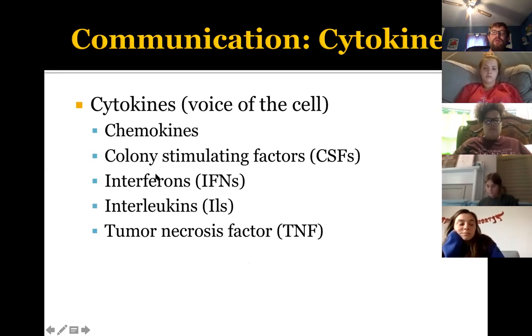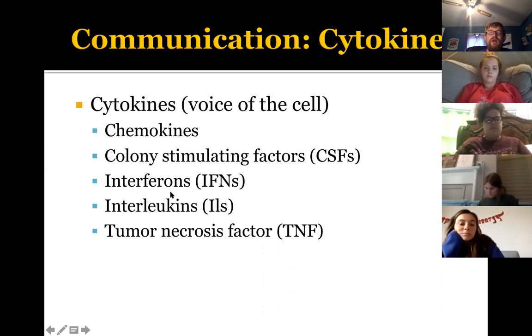So once that receptor has been bound, one of the things that can be produced is cytokines. The old textbook that we used to use called these the voice of the cell. So in this case, you have chemokines. We've talked about chemotaxis, so a chemokine is a chemical signal that's helping direct a cell where to go. You have colony stimulating factors. These are going to help activate cells, perhaps turning a monocyte into either a macrophage or a dendritic cell, getting that cell ready to do its job.